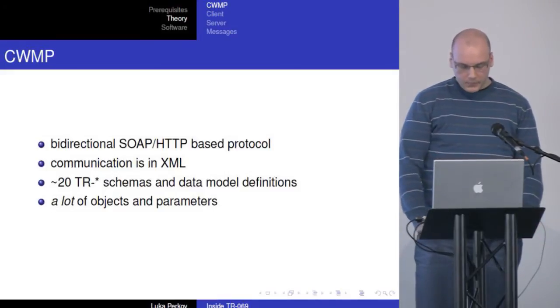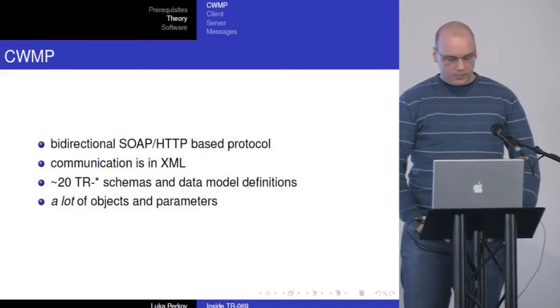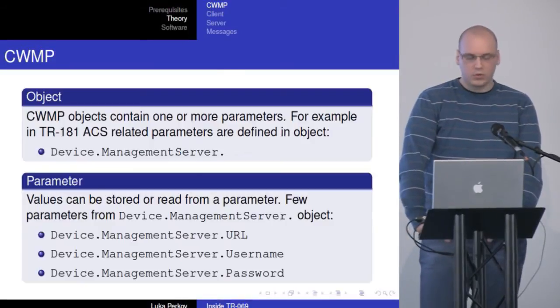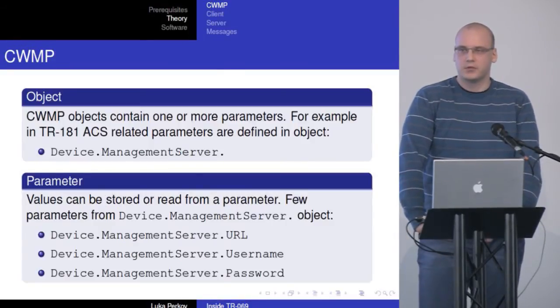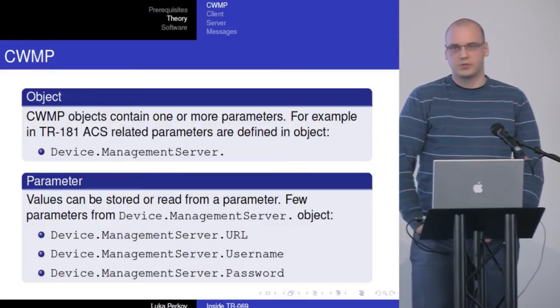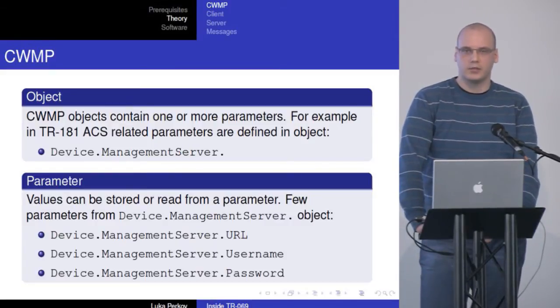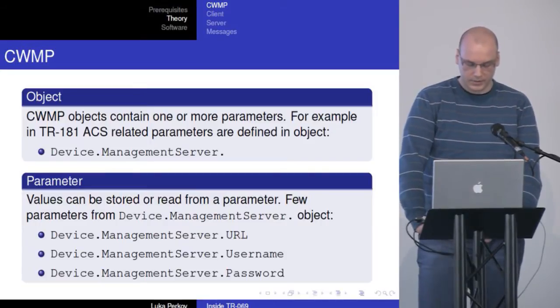Okay. So in CWMP, we have something called an object and something called a parameter. An object stores multiple parameters, and parameters store certain values. You can get or set these values inside the parameter.